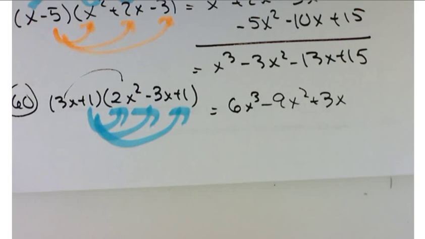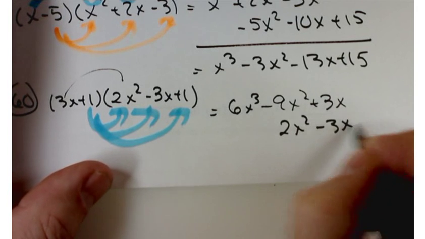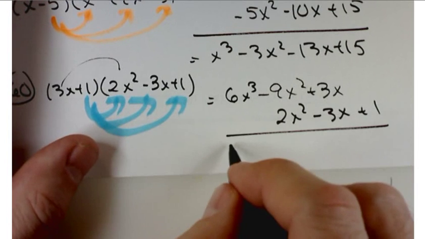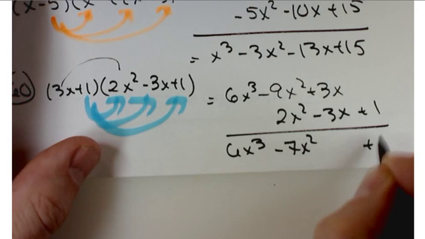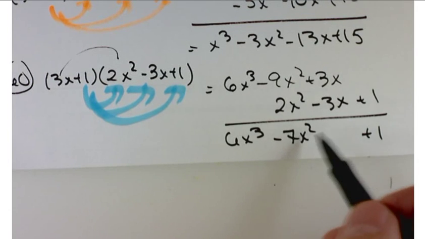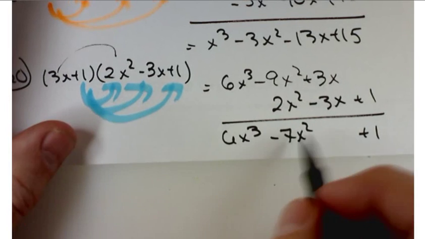And that's pretty easy, right? Multiplying by 1. 2x squared minus 3x plus 1. When we add these, we get 6x cubed. I'd be happiest if you just left it blank here. You don't have to write 0x. That's good enough for me, just leave it blank.